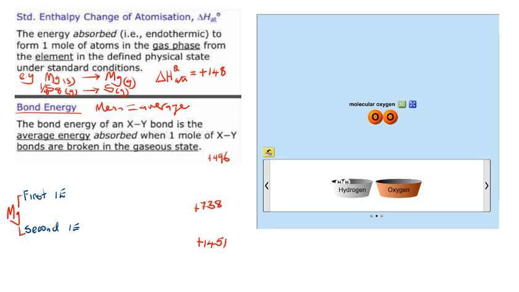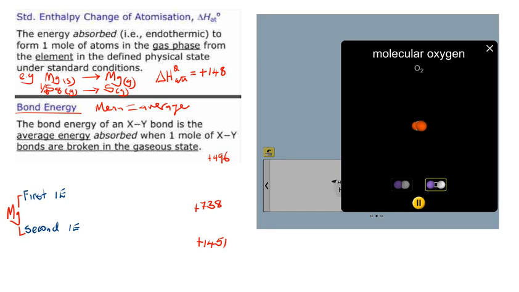So for example, let's say I've got oxygen here. Oxygen exists as a molecule. In this case, we can use the bond energy to calculate the enthalpy change of atomization. So this is oxygen, and oxygen has a double bond. So we need to break the double bond.